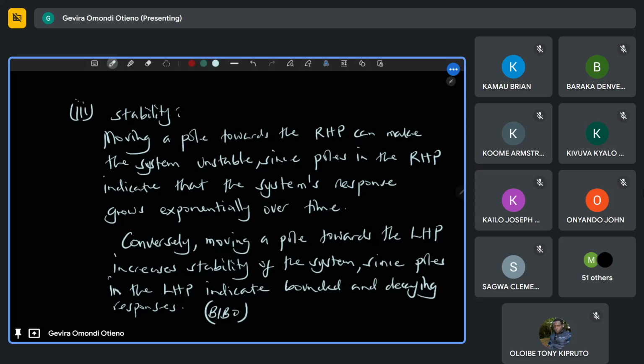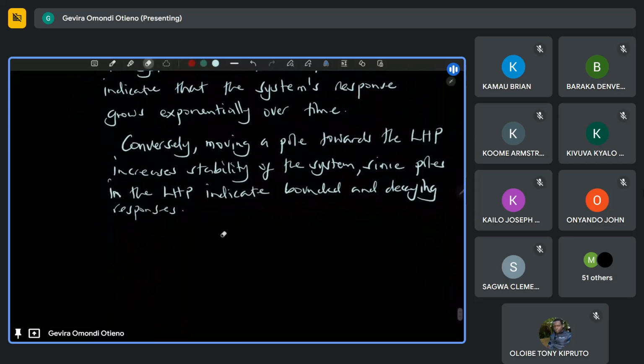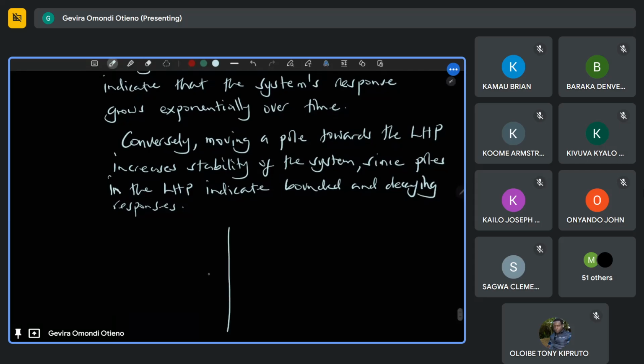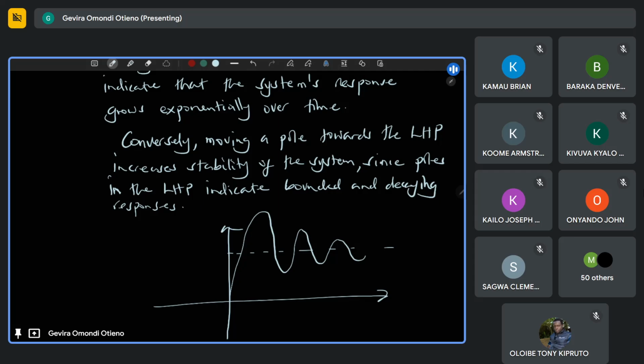Okay. Anyway, so basically what we mean is, if you are to plot a transient response, don't plot this, I'm just giving you a brief, that when you're plotting a response of a system, you will see that if you're moving a pole towards the right half plane, then your system has a large overshoot and takes a longer time to do what?